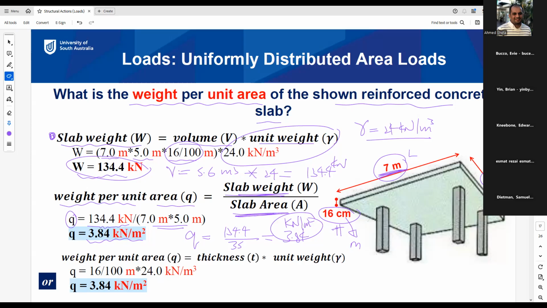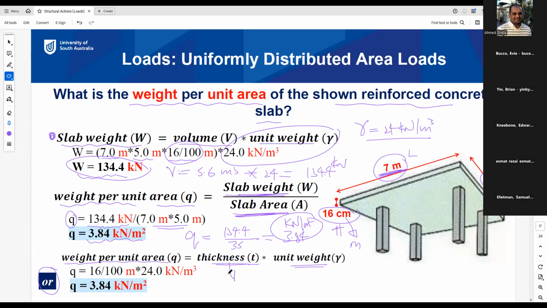All good. So we have another method to find the unit weight, or the weight per unit area, of a slab. The weight per unit area will be equal to the thickness times the unit weight. This will give it to us quicker, but you still can use the first method, just in case you want to simplify the calculation. So the unit weight times the thickness will give us the weight per unit area of a slab.